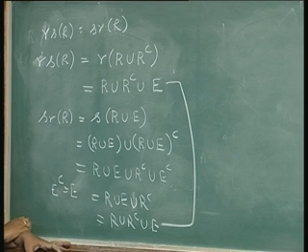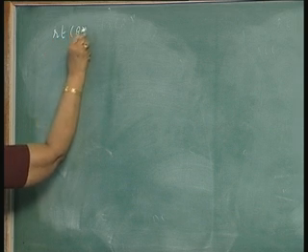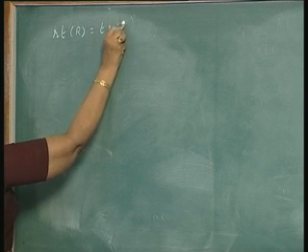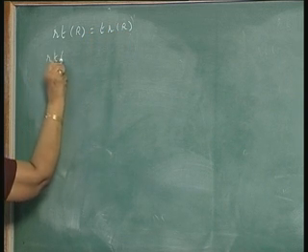Look at the second part. We want to show that the reflexive transitive closure of a relation R is the same as the transitive reflexive closure of R. That is, what we want to prove is RTR is equal to TRR. Now, what is RTR?